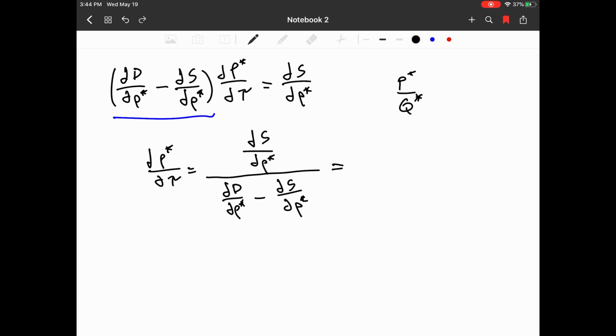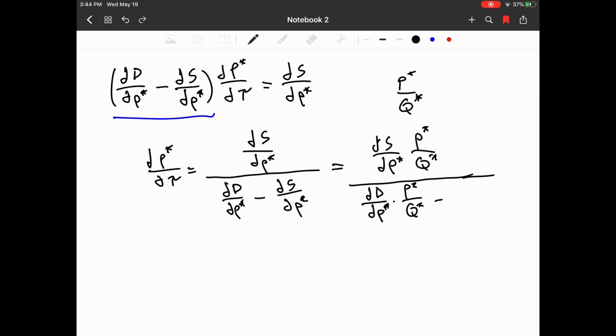So what we get in this case is ds dp star times p star over q star, over dd dp star times p star over q star, minus ds dp star times p star over q star.